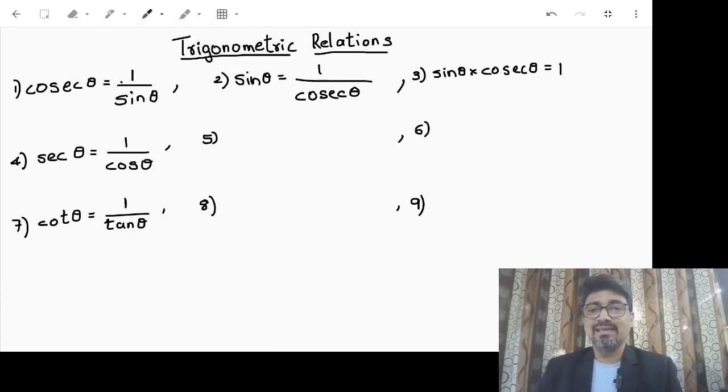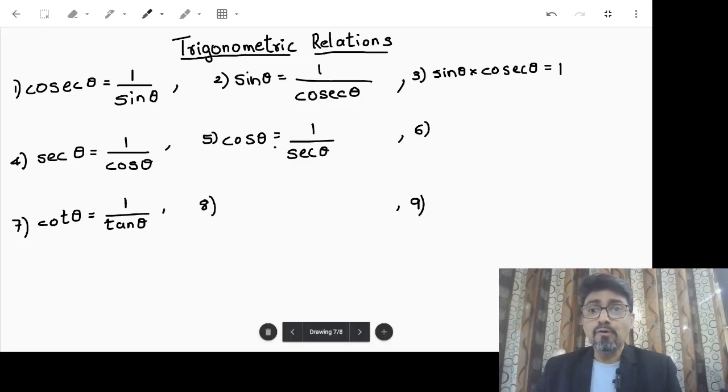And just like sine theta, if I shift cos on the left side, that's numerator, sec theta comes on the right side as denominator, so I get another way of writing my second relation, that is cos theta is equal to 1 upon sec theta. Again, sec theta can go on the left side and get multiplied with cos.